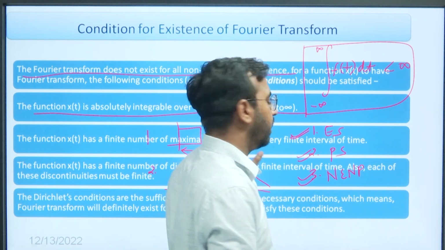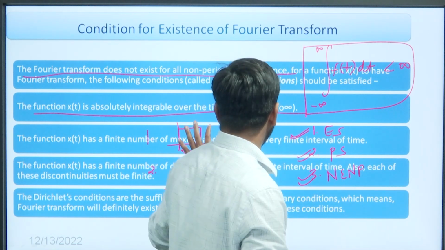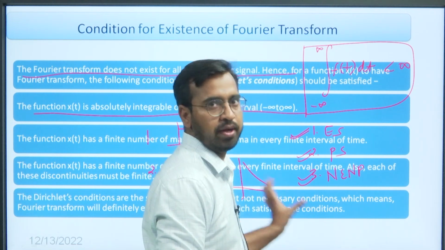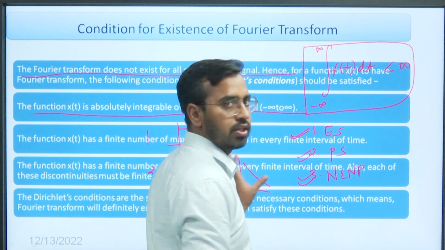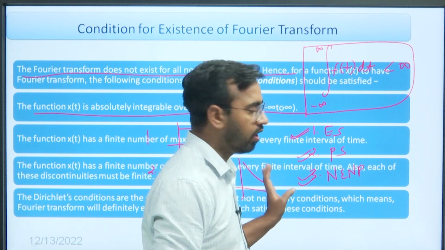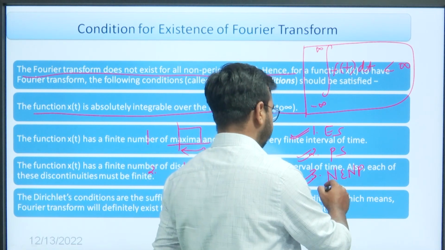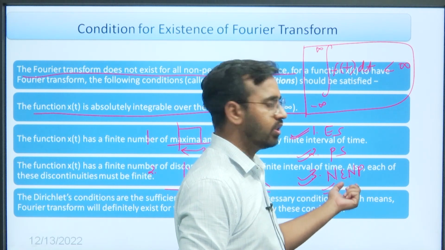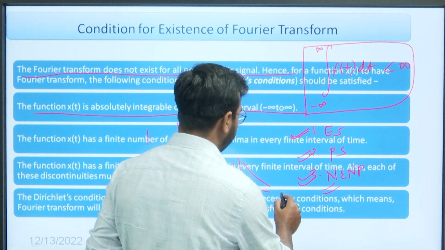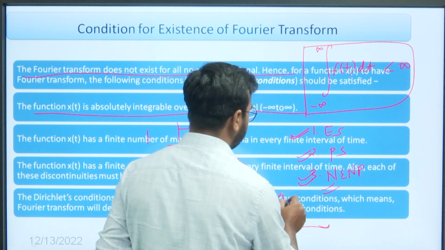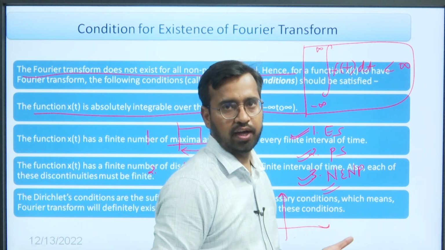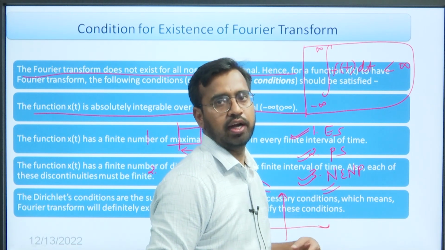For the energy signal, if any signal has finite duration, or if it has decreasing magnitude, then both come under the category of energy signal. Then what was neither energy nor power signal? A signal whose magnitude is infinite at any instant of time falls under the category of neither energy nor power.